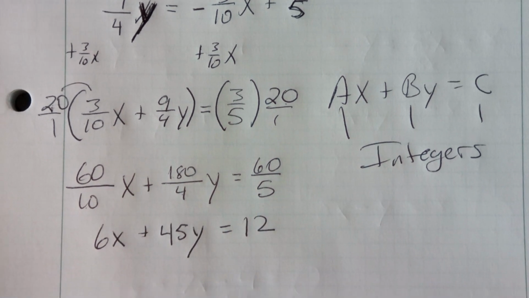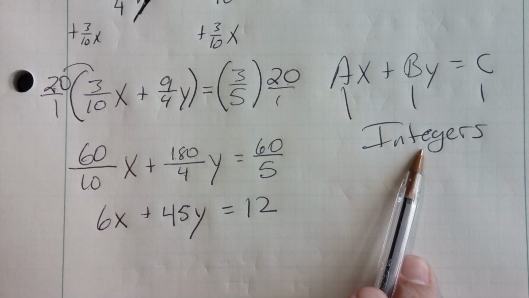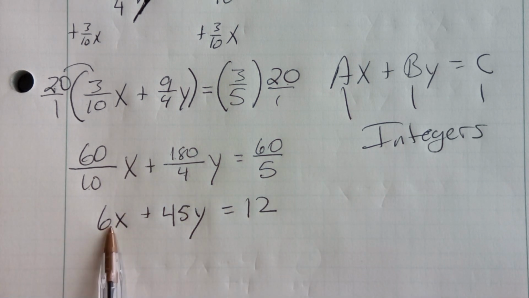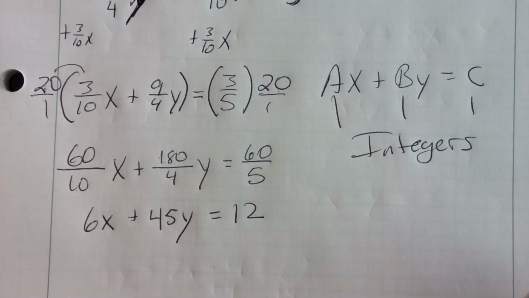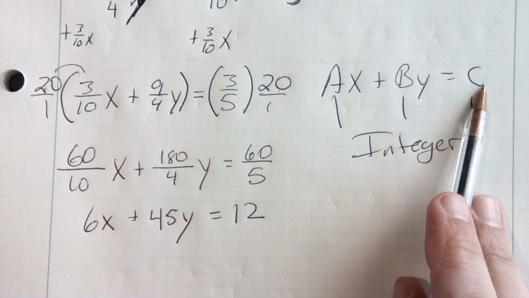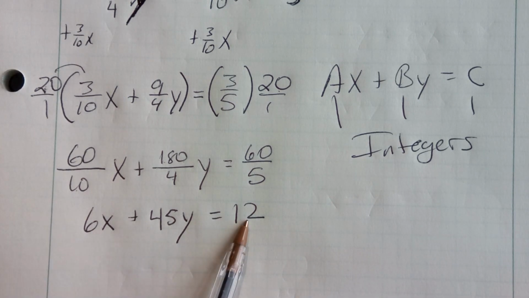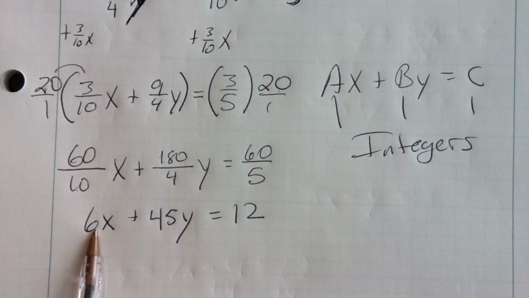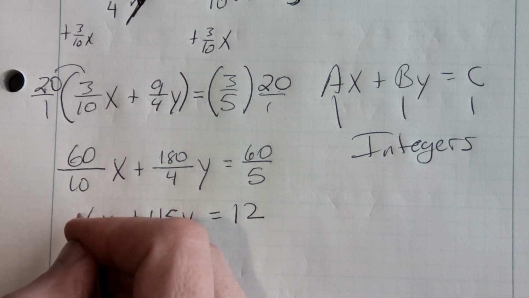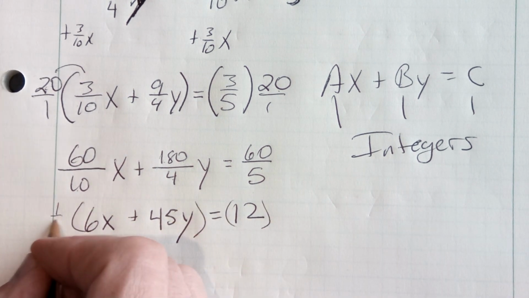Now, all three of these are integers. But again, there's one other small thing we need to do. These integers have to be as small as they possibly can be. What I mean by that is all three of these integers have a factor of 3 in common. So I'm going to multiply both sides of this equation by 1/3.